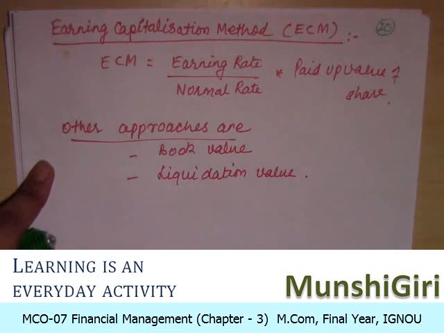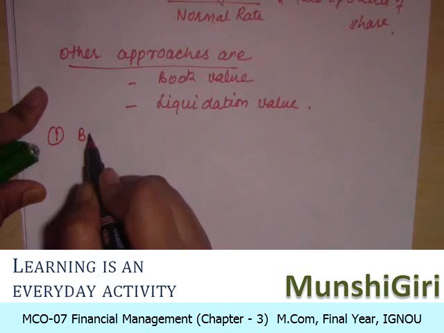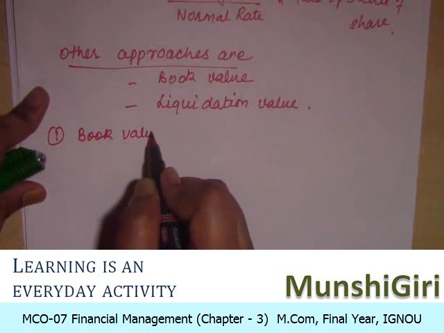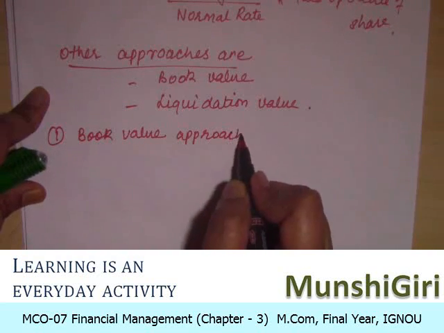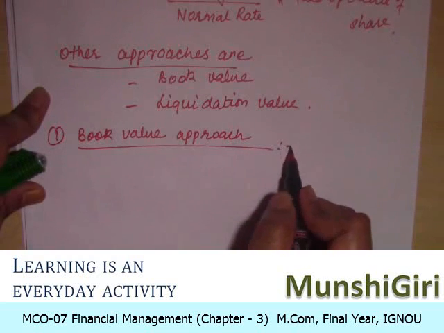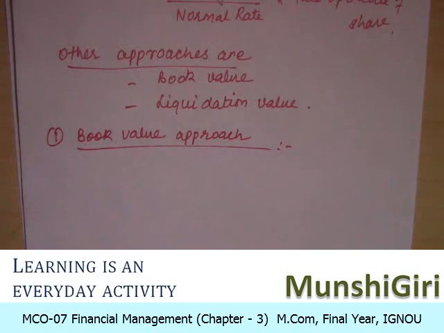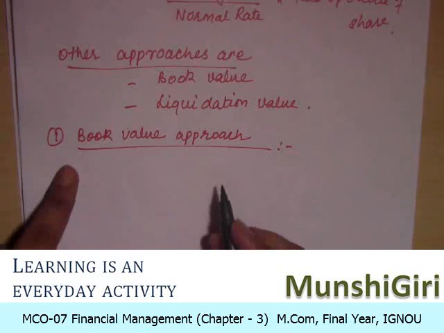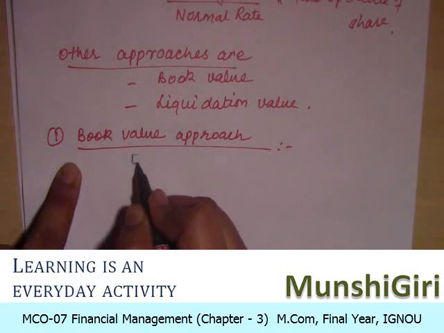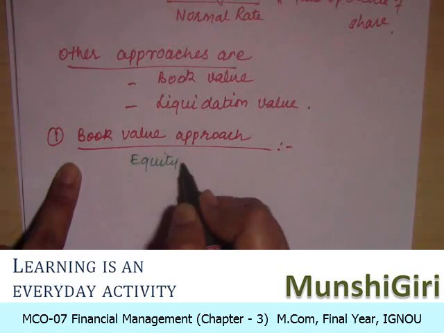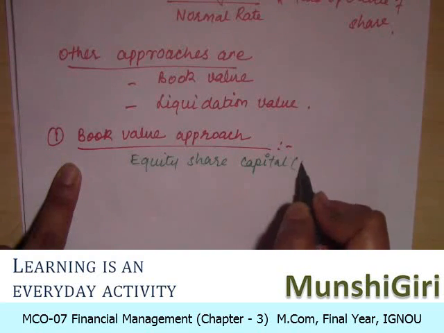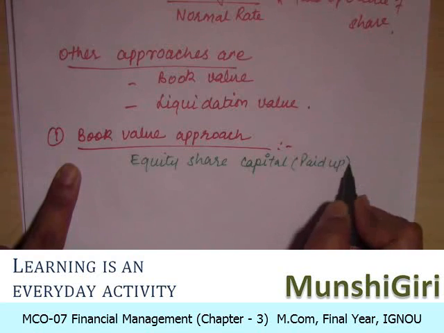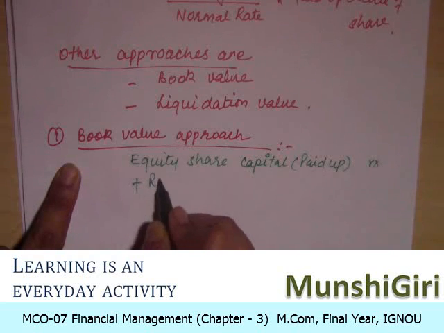First is the book value approach. In this case, we'll calculate the book value per share. Book value per share is calculated as equity share capital, that is paid up equity share capital. In this, we'll add the reserves and surplus.